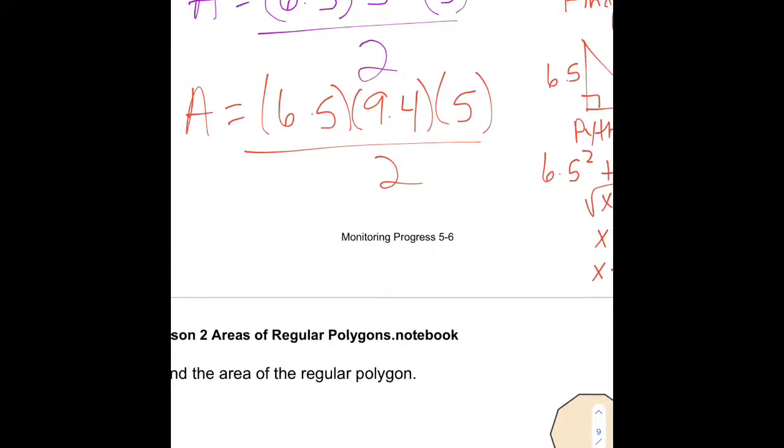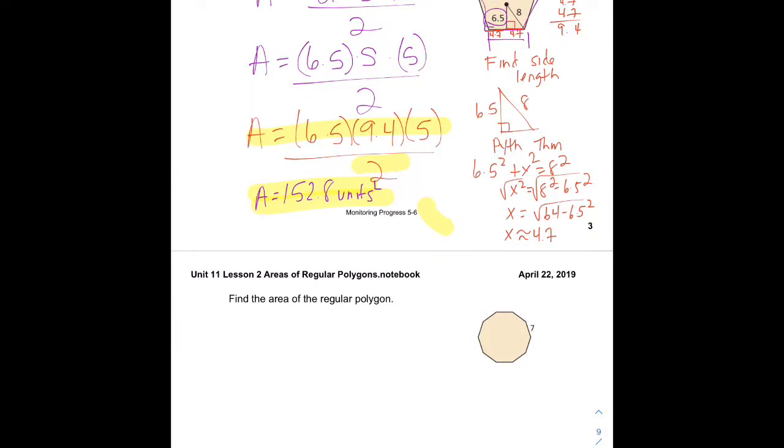If the directions would ask us to round to the nearest tenth, I'm cool with that. We would get 152.8 square units as my final answer. Again, if you want full credit on a quiz, or excuse me, on your assignment, you would need to show me the work on how you derived your answer.